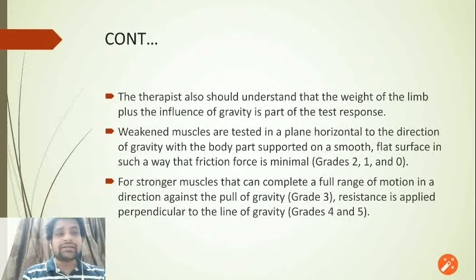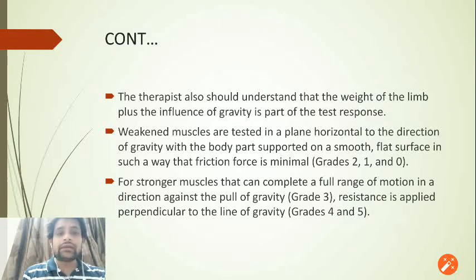Weakened muscles are tested in a plane horizontal to the direction of gravity with the body parts supported on a smooth surface. Therapists can even use the powder board, a flat surface, in such a way that friction force is minimal. That means grades 2, 1 and 0 can be tested in the horizontal plane, and we can use the flat surface or the powder board in the horizontal plane.